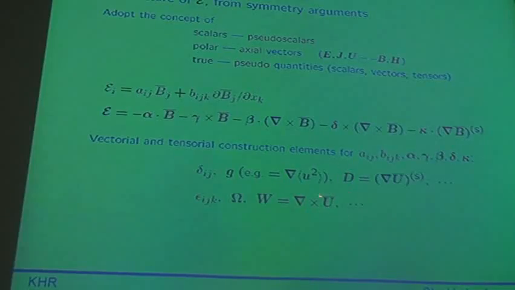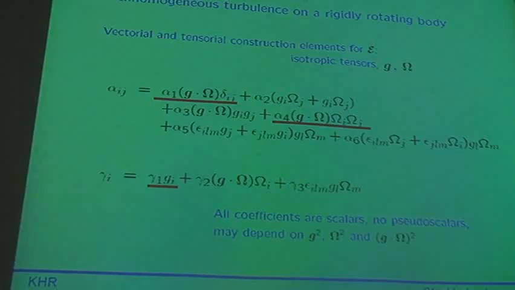And you can introduce, for example, the gradient tensor of U, symmetric part. Okay, these are possible construction elements. It depends on the problem you consider, which of these construction elements are relevant.